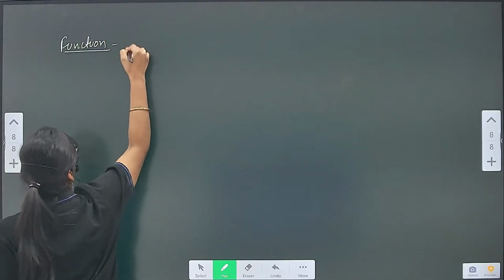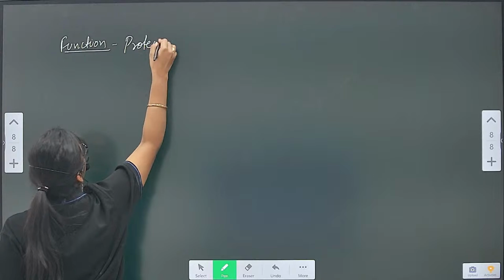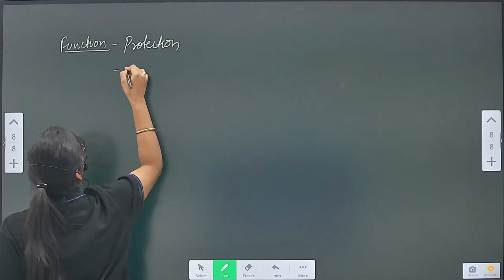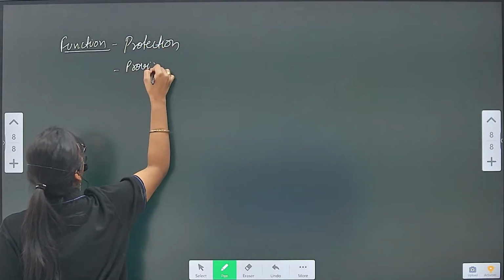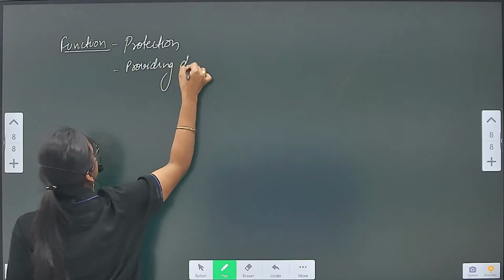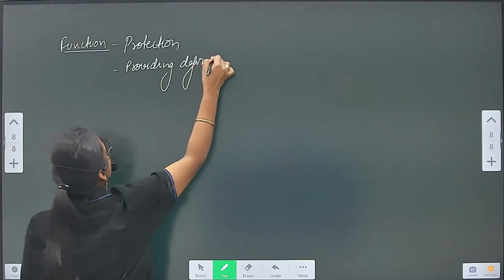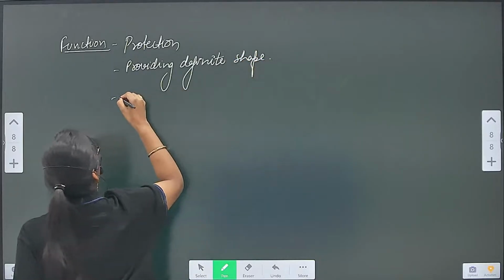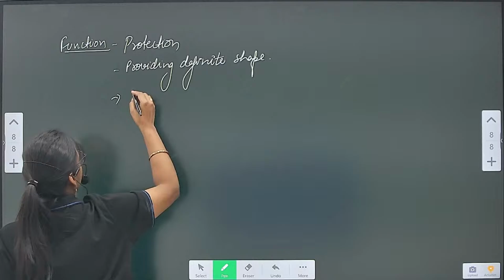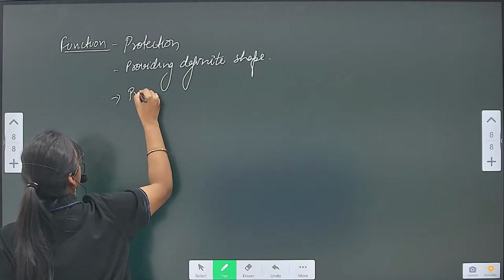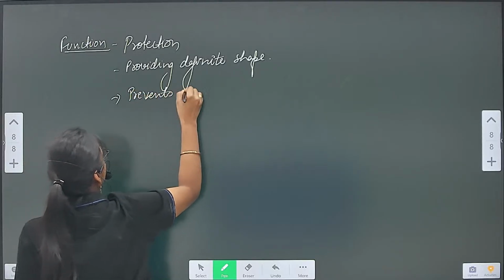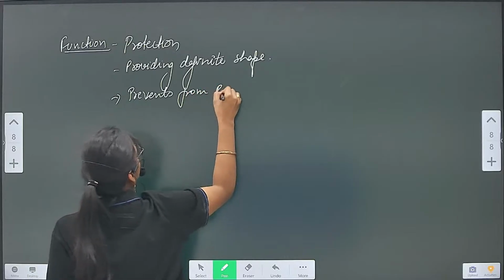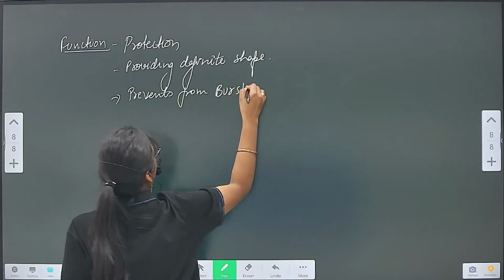That was protection, providing definite shape, and the third is prevents from bursting.